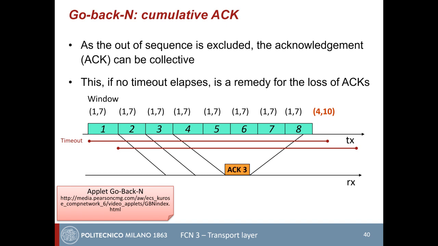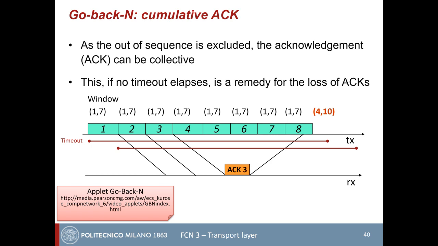So ARQ number 3 is cumulative, and in fact we see that the window was 1 to 7, and when ARQ number 3 is received by the transmitter, the window moves by 3 positions. Okay.